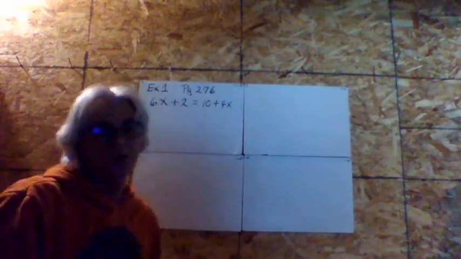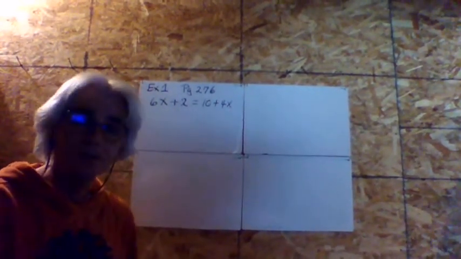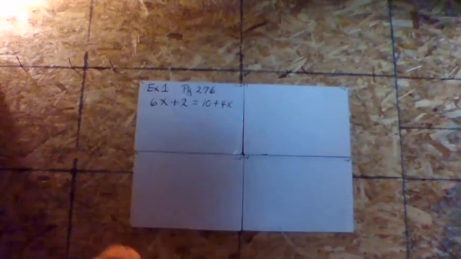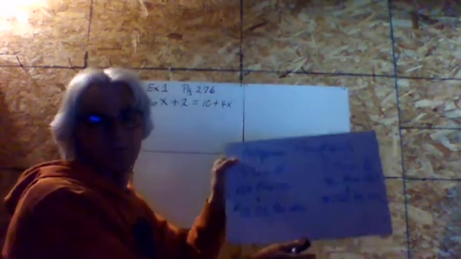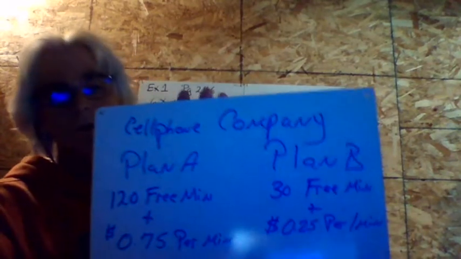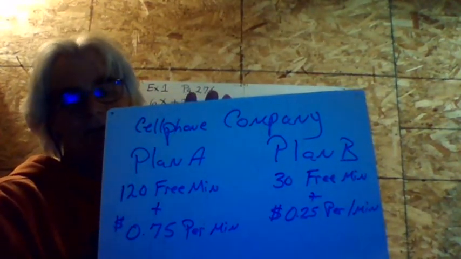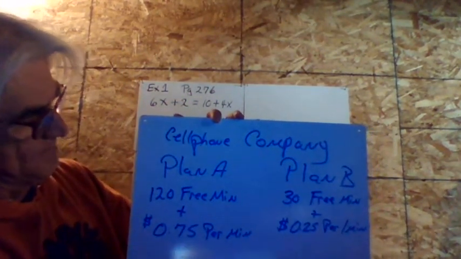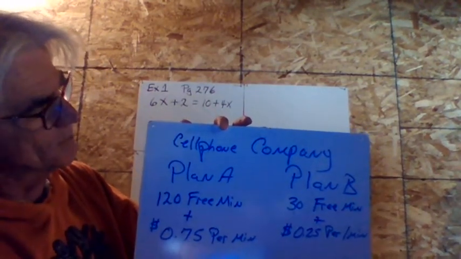Now, where you look at the practical use of this, I'm going to just take a look at example 4, not that we're going to do it, but it talks about it. What it's talking about is two different cell phone companies. Plan A is 123 minutes plus 75 cents per minute.